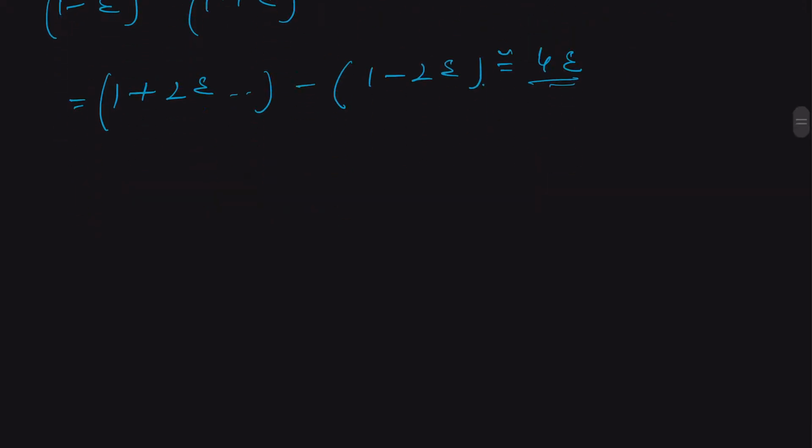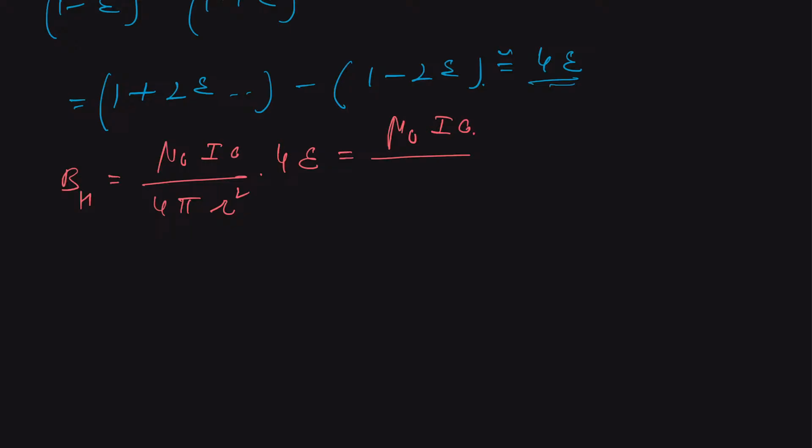Therefore, we can write that the magnetic field because of our horizontal part will be approximately equal to mu naught Ia upon 4 pi r square times 4 epsilon. And we substitute the value of epsilon, that is A upon 2r. So this becomes mu naught Ia upon 4 pi r square times 4 times A upon 2r.